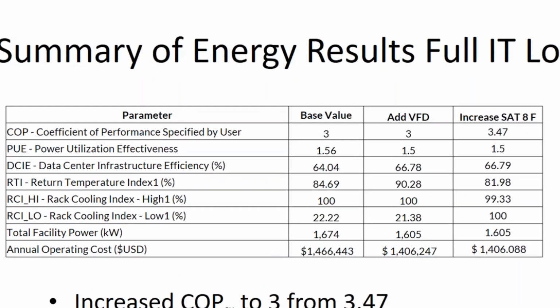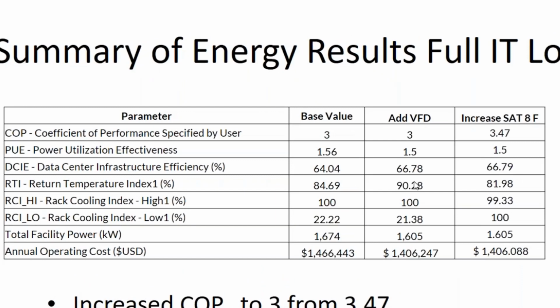Here they are right here. So here you see we got more efficiency out of the chiller because we increased the supply air temp, but the RTI dropped, which means we're blowing more air. Remember, the rack requirement's in the numerator. So if this thing goes down, it means we've got more air coming into the room. So we went to 82 from 90, and it was a wash in terms of savings.